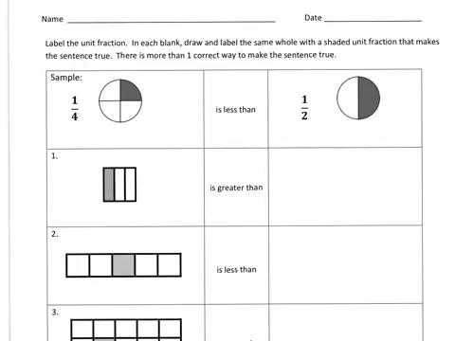In our sample in part 1, it says 1/4, with the drawing and the labeled unit fraction. 1/4 is less than 1/2. You can see it's true because this space is smaller than this space. Or you'd rather have, if you got 1/4 of a pizza, that would be less than 1/2 of a pizza.